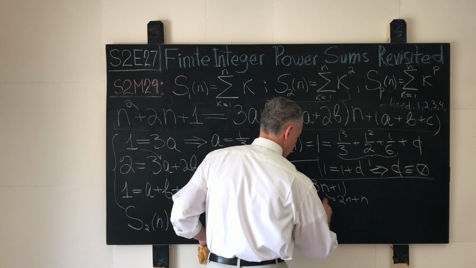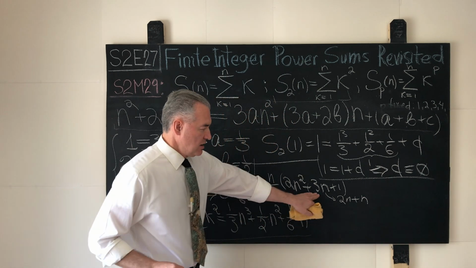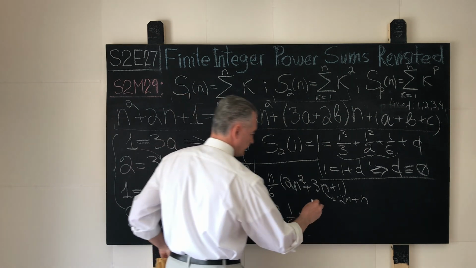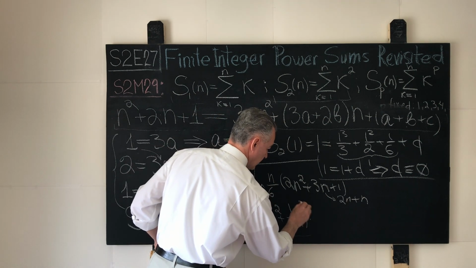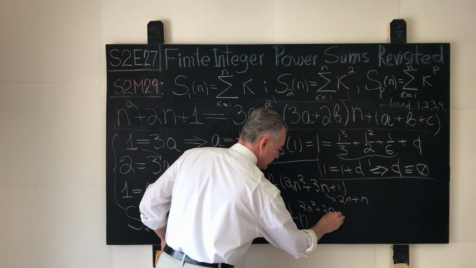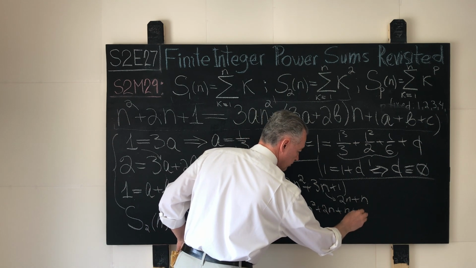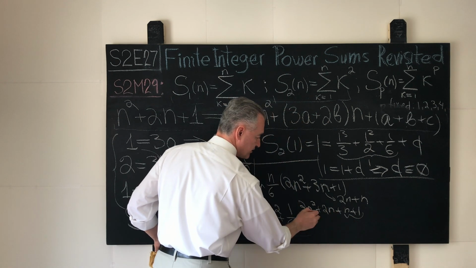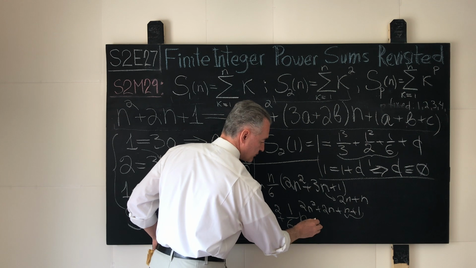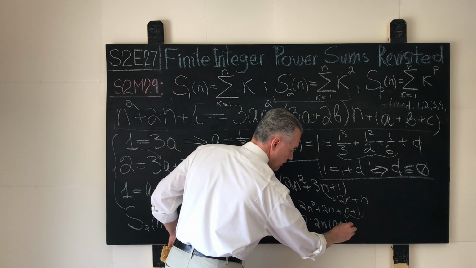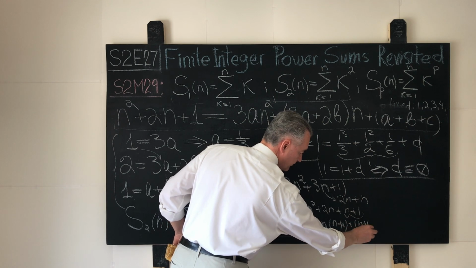So if we rewrite 3n as 2n plus n, what will we have? We will have, let's say, 2n squared plus 2n plus n plus 1. You see, this is n plus 1. If we factor out 2n, what will we have? 2n times n plus 1 plus n plus 1.